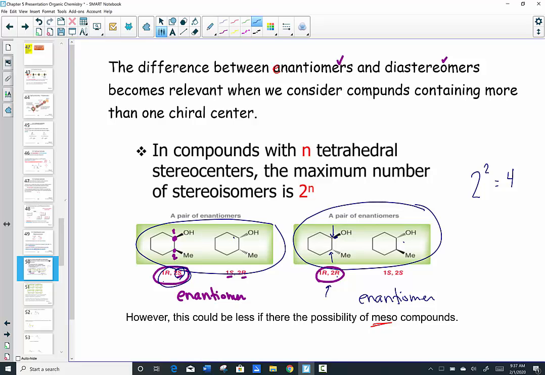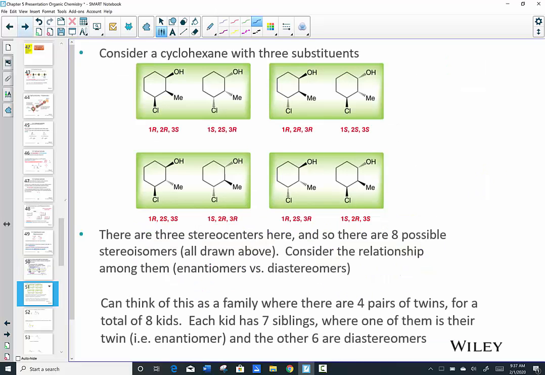Well, if I were to compare one set of enantiomers to another, those are not mirror images at all. They are indeed diastereomers. I could compare the first with either of the other mirror images and come up with diastereomers. They are not mirror images at all.